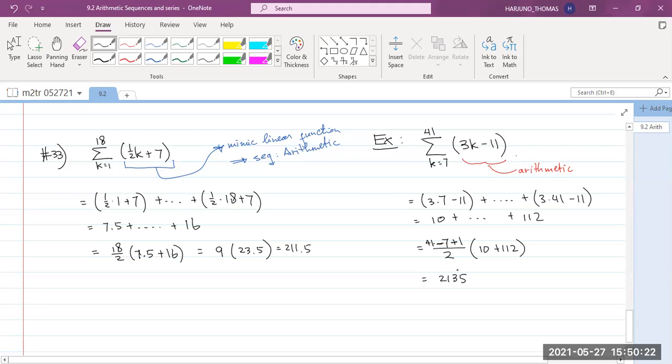Okay, that's how I prefer to do it. So basically you write them down first. You write this out first. Okay, to see what is the first term, what is the last term, and the only thing still missing is how many terms you have in between. Okay, but the number of terms is this number on the top minus the number at the bottom, and then you add 1.